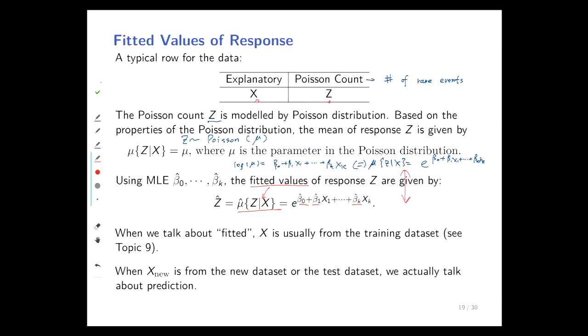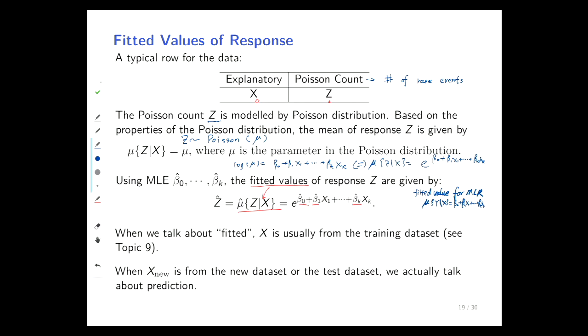So if we look at the fitted value for the multiple linear regression model, what's the multiple linear regression model? That's mu y given x equals beta 0 plus beta 1 x1 plus so on and so forth plus beta k xk.